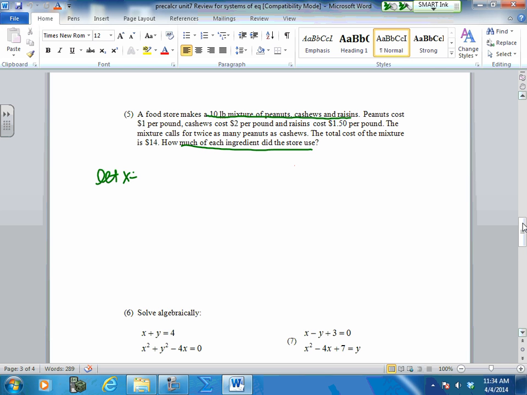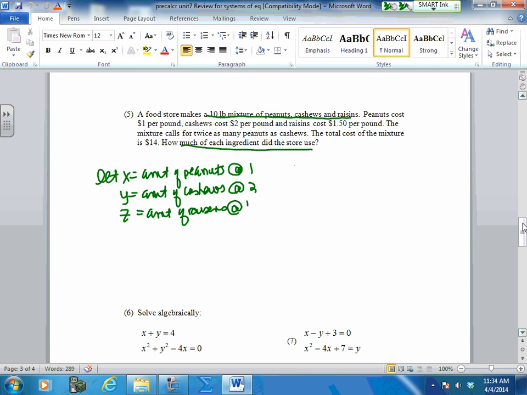Let X equal the amount of peanuts, Y equal the amount of cashews, and Z equal the amount of raisins. Okay, now, we notice that the peanuts cost $1, the cashews $2, and the raisins $1.50. All together, we had 10 pounds. So there's our first statement.